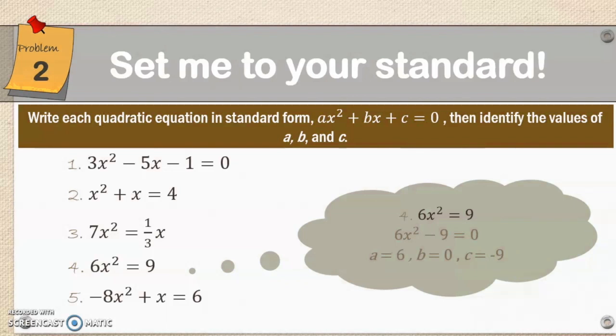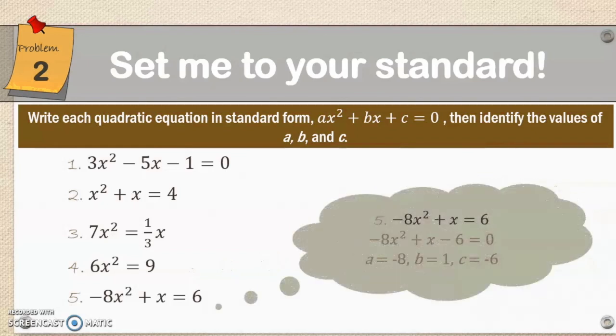Nakuha? Very good. So the value of a is 6, b is 0, c is negative 9. Last number, number 5. The standard form is negative 8x squared plus x minus 6 is equal to 0. The value of a is negative 8, b is 1, and c is negative 6.